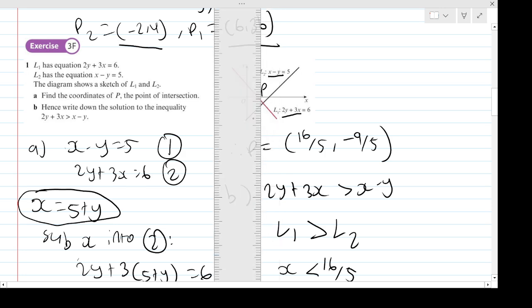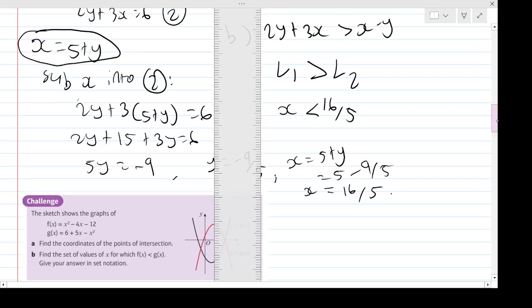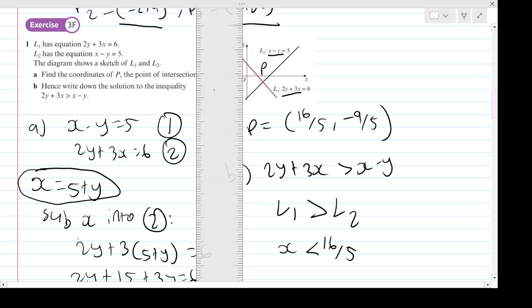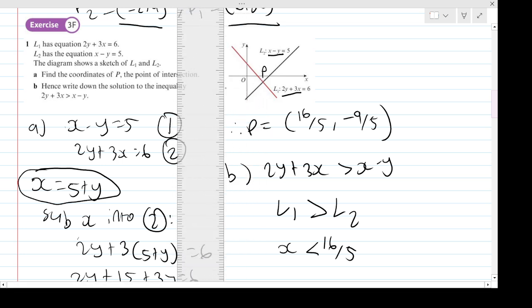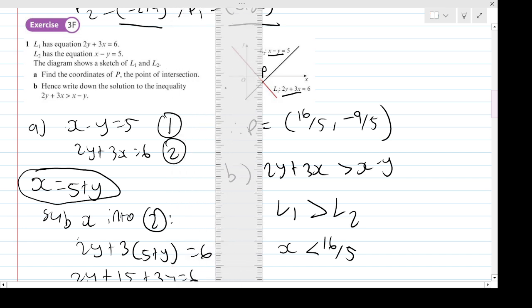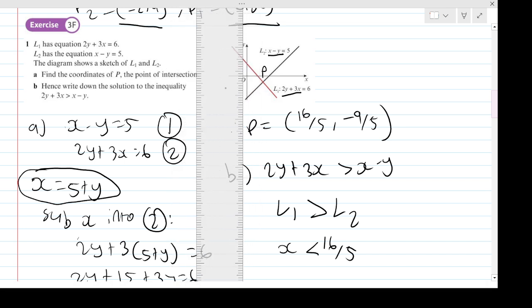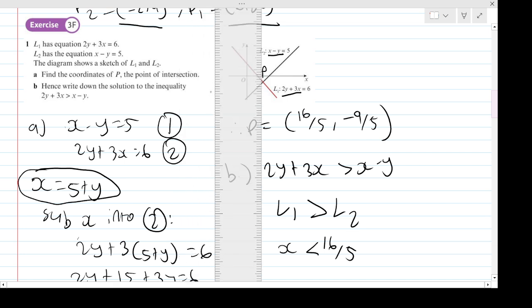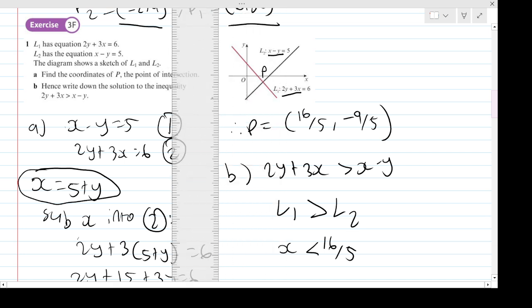So that means the place where L1 is greater than L2 is before the point. Until we reach the point from the left, L1 is bigger than L2. Then it flips around after P. So that's the solution.